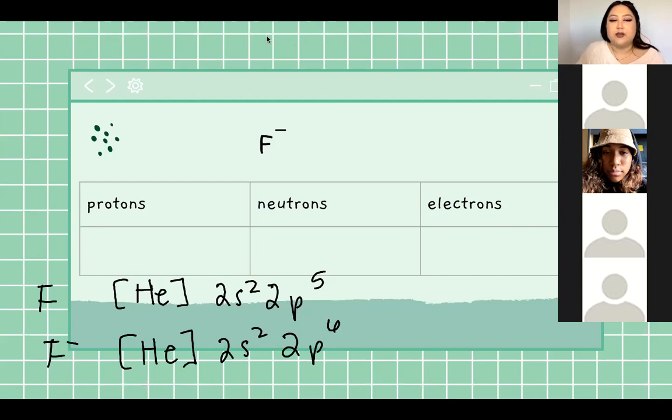The 2p6 is the number of electrons, and this -1 indicates that we have an extra one, so we just fill in the 6th orbital. If there was an element with a -2, you would just go to the next sublevel, the next energy level if you have to, because I think this one goes to 3s. Any questions on that one? No. Okay.